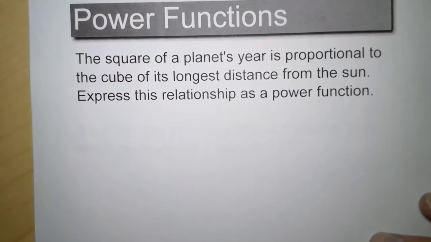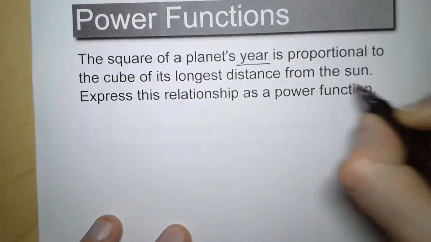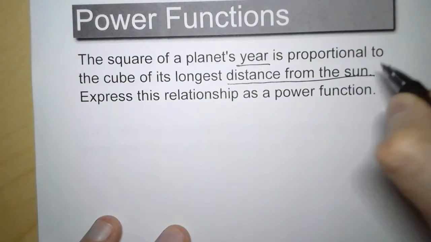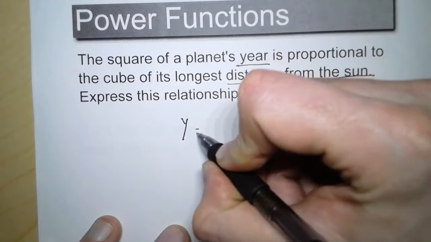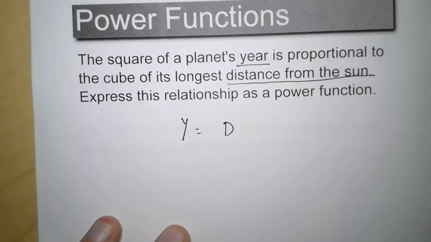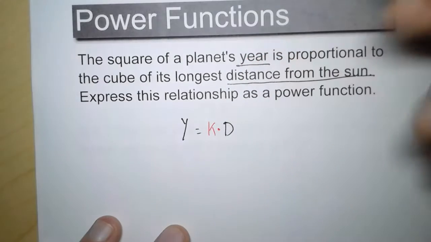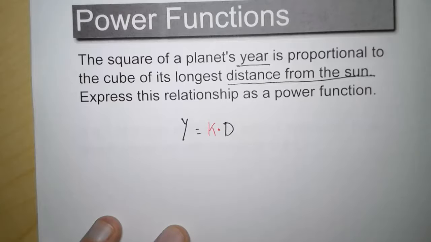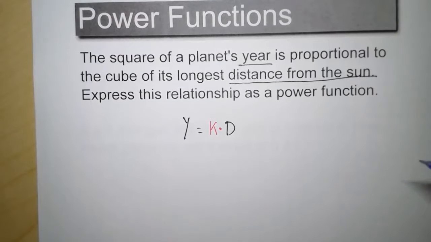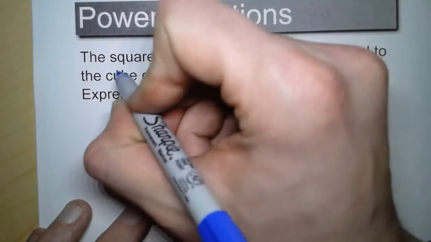Now the next one is a little different, because here we're relating a planet's year to its distance from the sun. So y is going to be on one side and d is going to be on the other side. And it says it's proportional to, so one side has to have a constant. Now it doesn't really matter what letter you use. Some books tend to prefer k or n or a. But what's different about this one is that it says the square of the year.